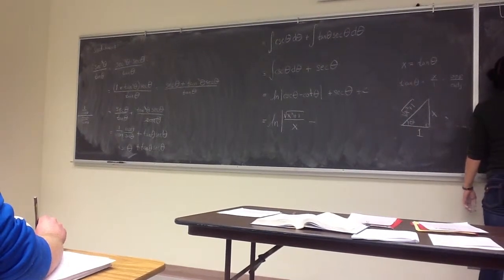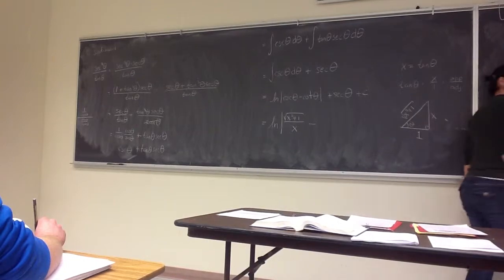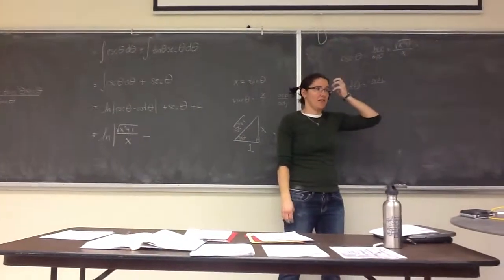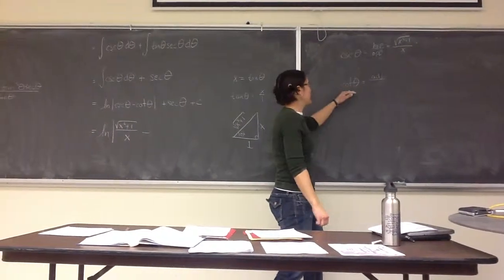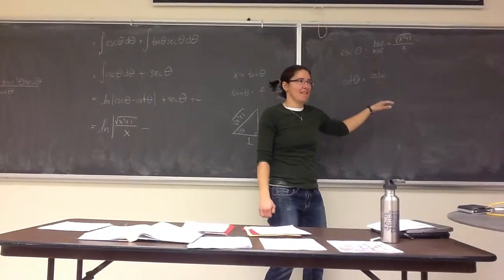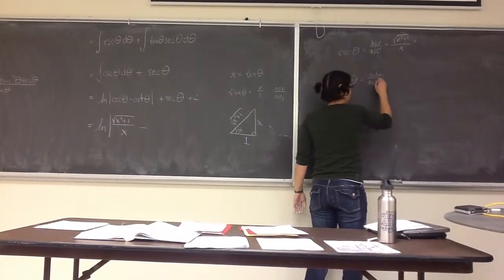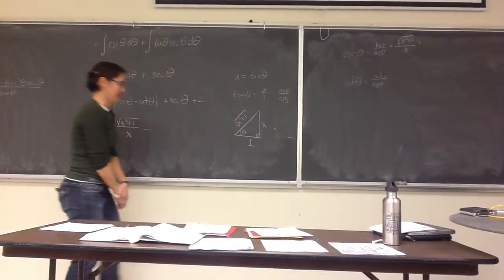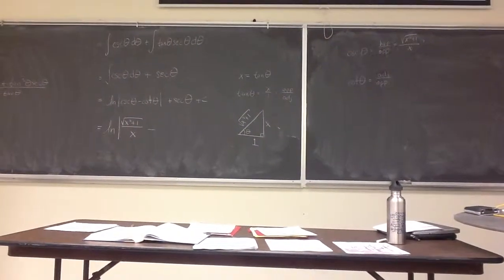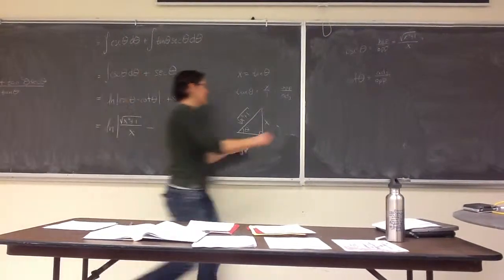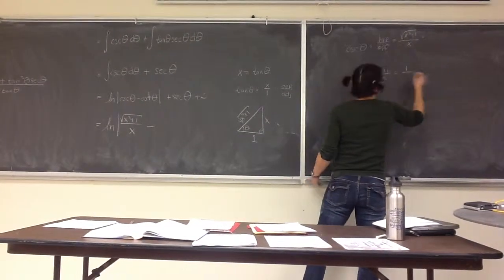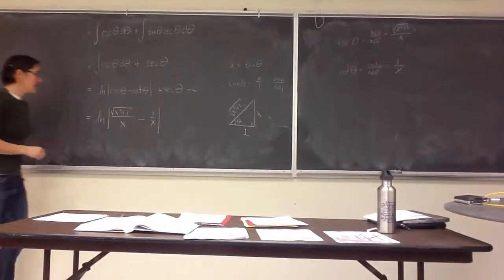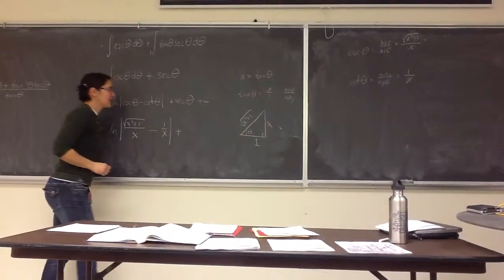Cotangent of theta is adjacent over opposite, not hypotenuse. So our adjacent side is 1 and our opposite side is x. So we have minus 1 over x, in absolute value, plus secant.